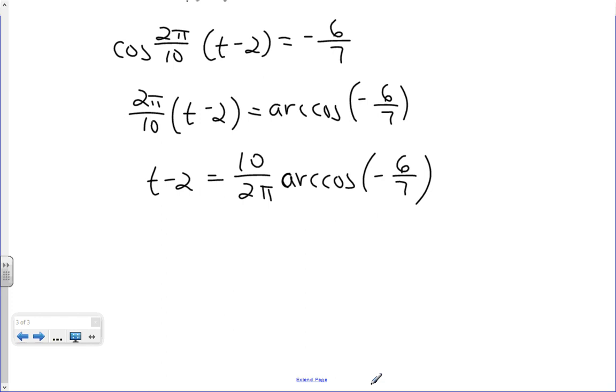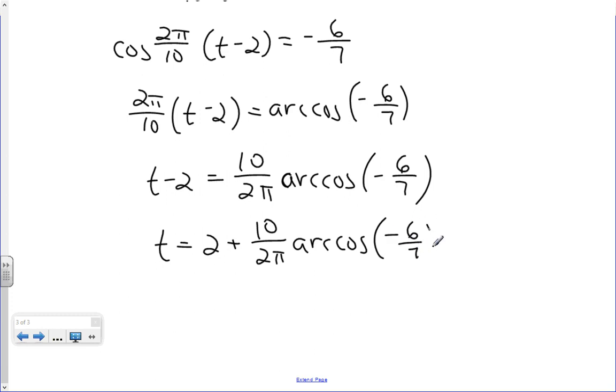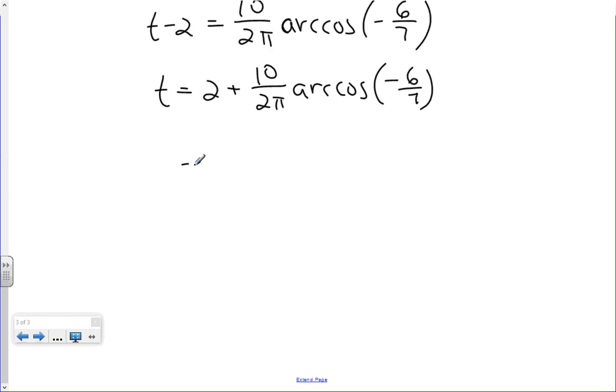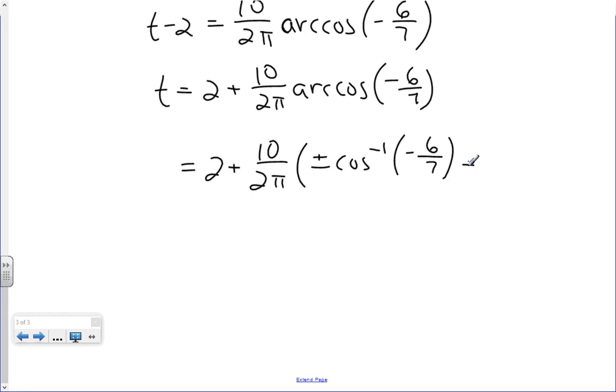And add 2, so you get t is equal to 2 plus 10 over 2 pi times the arc cosine of a negative 6/7. All right, now we replace the arc cosine with what it's equal to. So that's plus or minus the cosine inverse of a negative 6/7 plus 2 pi n, because we're in radians here.